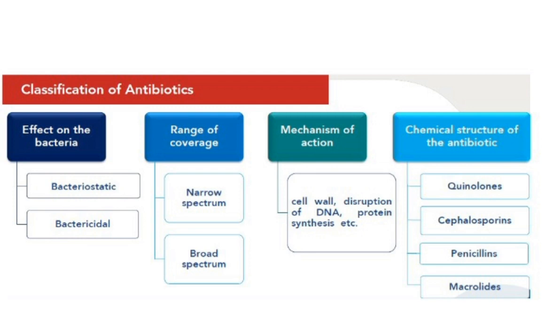When we come to the mechanism of action, we have different classes of these antibiotics. We have those antibiotics that act only on the cell wall. Examples include penicillin, vancomycin, and the cephalosporins.